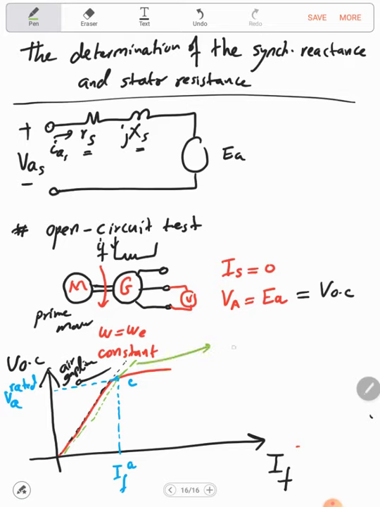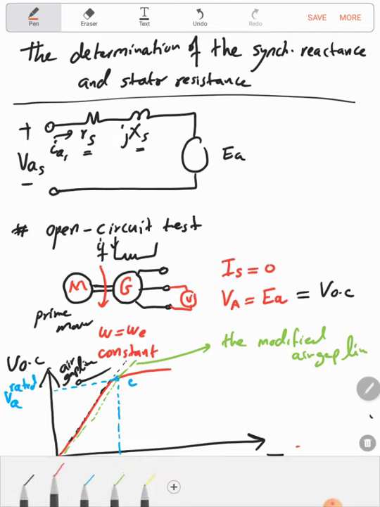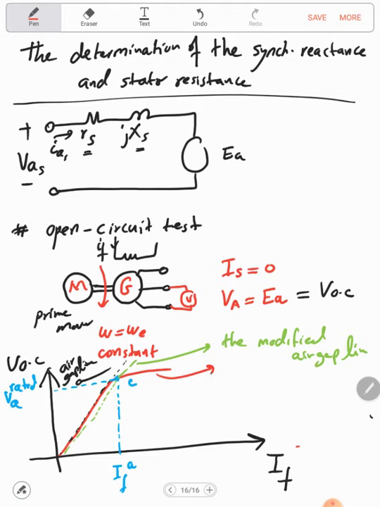So this characteristic is called the open circuit characteristic. Now this is the first test.